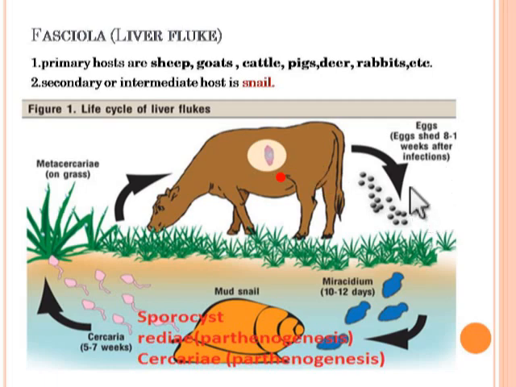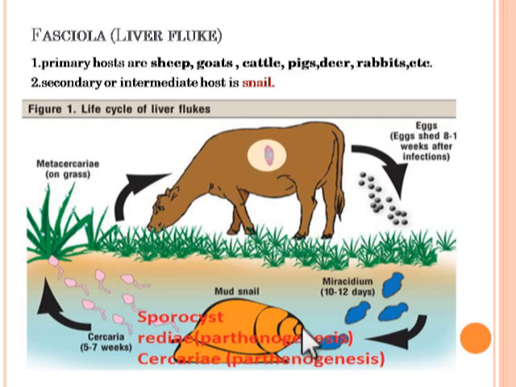Here in the feces there will be a larval stage. That larval stage is termed miracidium. This miracidium will move and attack the mud snail which is present nearby. In that snail, it will reach the sporocyst form and then rediae and cercariae form by means of parthenogenesis.